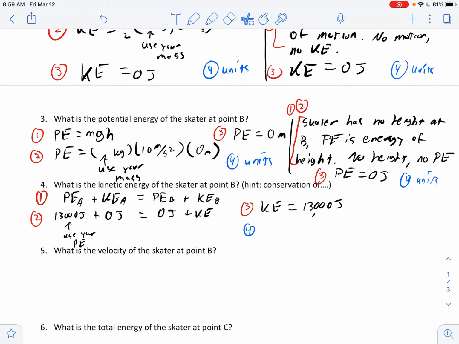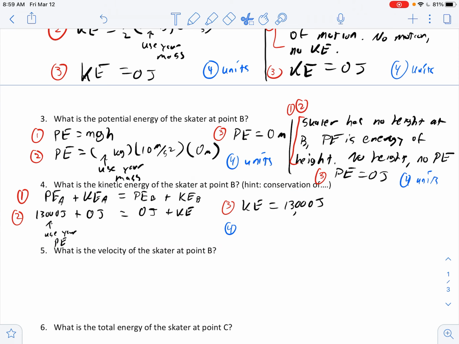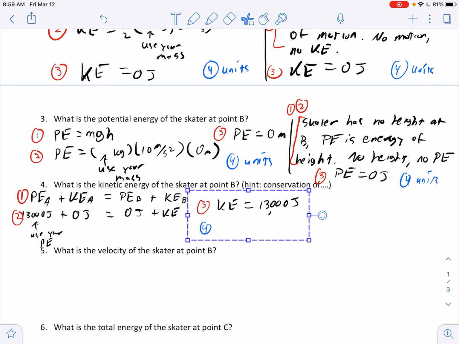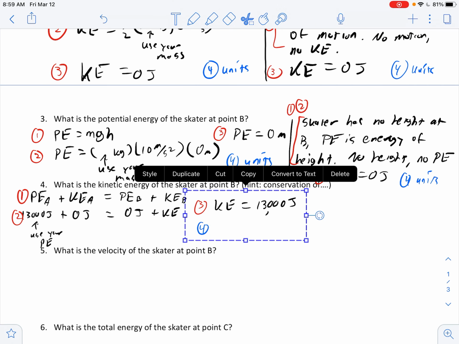Could I justify this with words instead of equations and math? Yeah, sure, no problem. I'm going to slide this over to make a little more space. Oh, and I forgot to write units here.